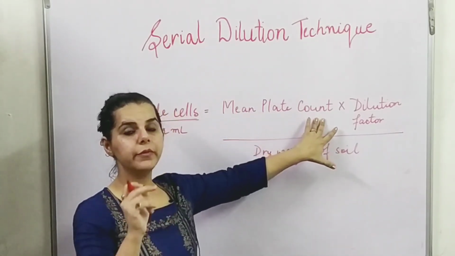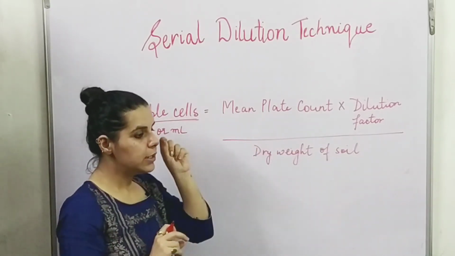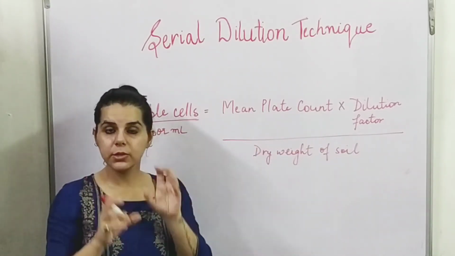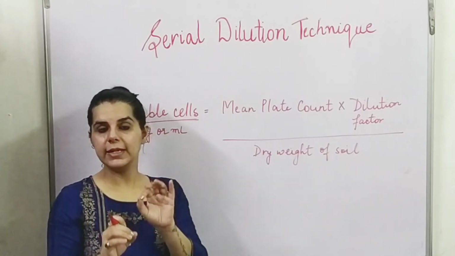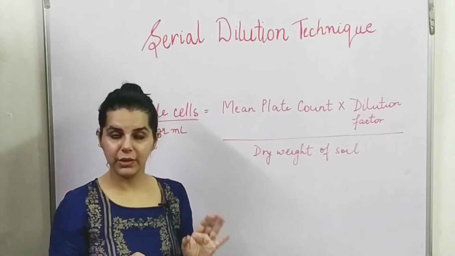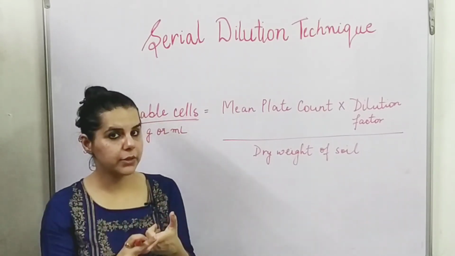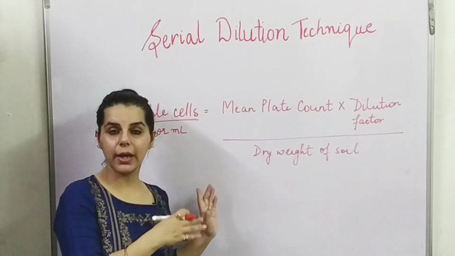Now, when we were doing the experiment, we saw that we inoculated the 10 to the power minus 2 labeled petri dish with 0.1 ml of the sample, right? But there was only one petri dish that I showed you in the diagram.